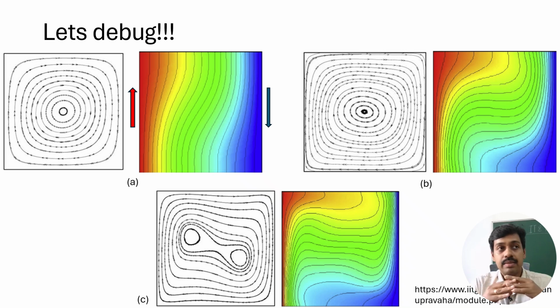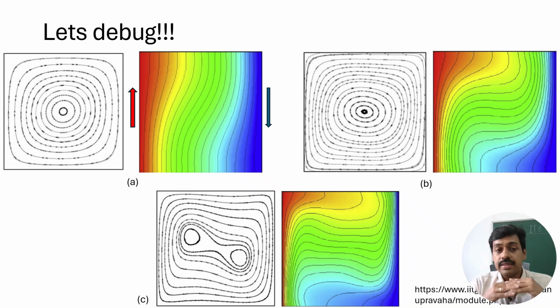So you can imagine and think logically that if the time scale is more for diffusion and less for convection, then the flow will be stronger and the heat transfer will be more convection dominant.